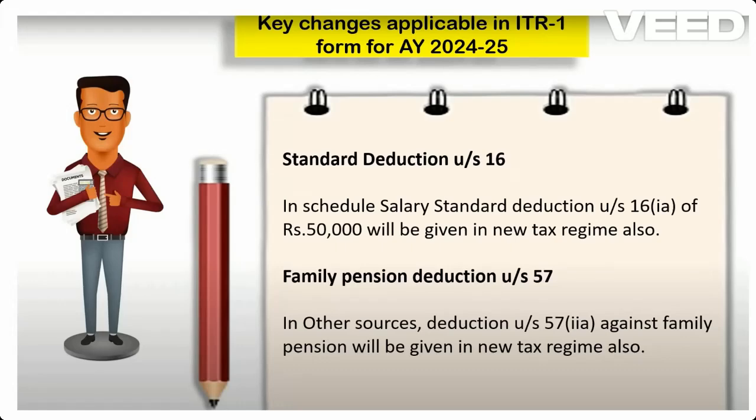So there is a benefit if you opt for the new tax regime. But if you are filing income tax now, you will get the option of 50,000 only. The 75,000 will be implemented from next year onward.